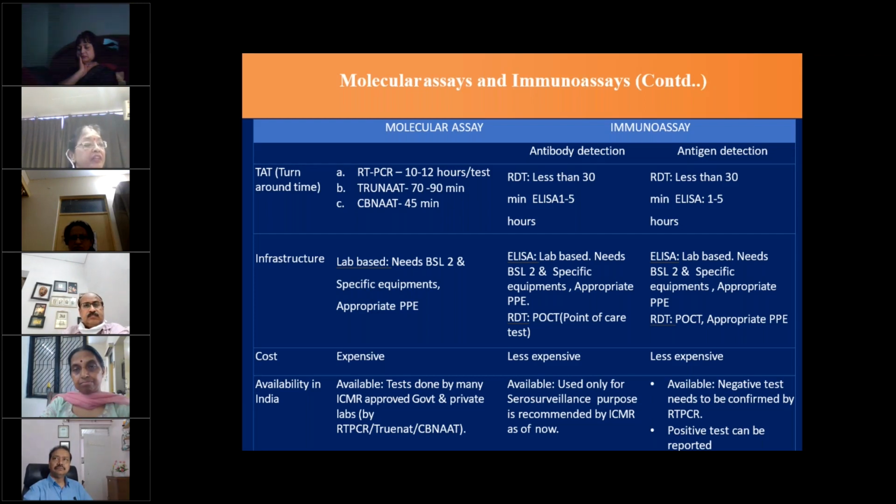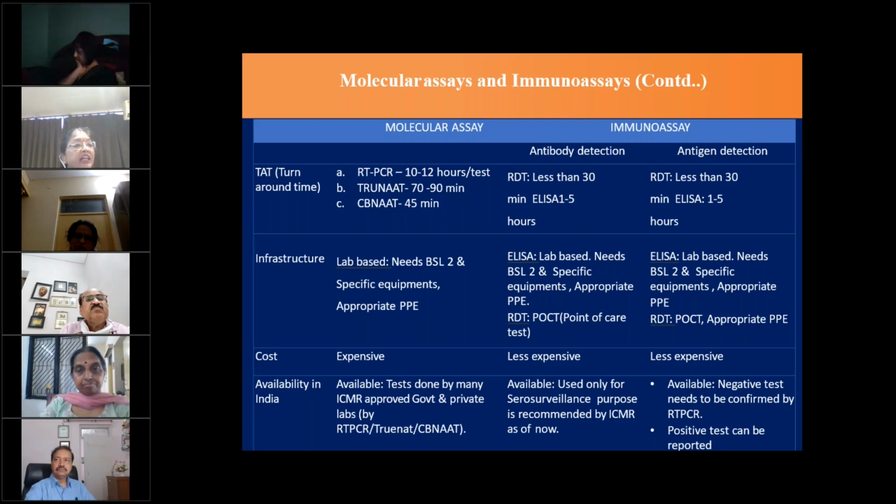One is a screening test, which is for all coronavirus. If the screening test is negative, it is negative. But if the screening test is positive, it just means that there is some coronavirus. You don't know whether it is novel or not, whether it is SARS-CoV-2 or not. Then you have to perform another test, which will again take 40 minutes or so. So it comes to around 2 hours or so.